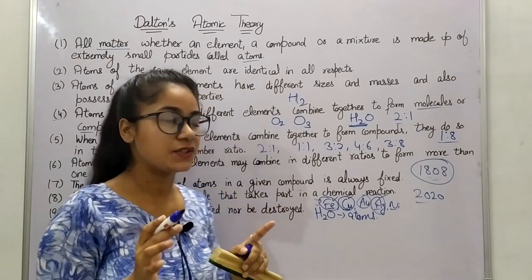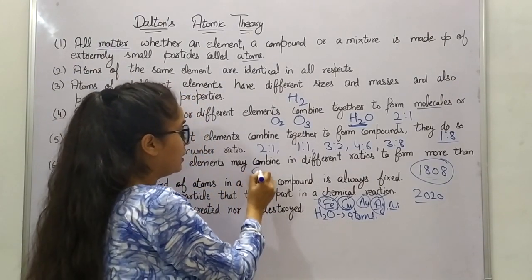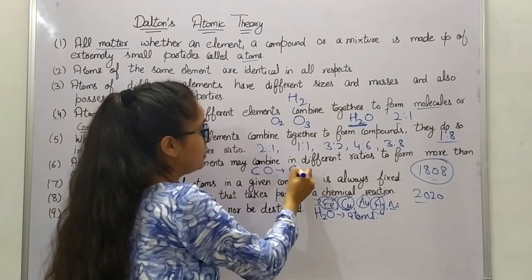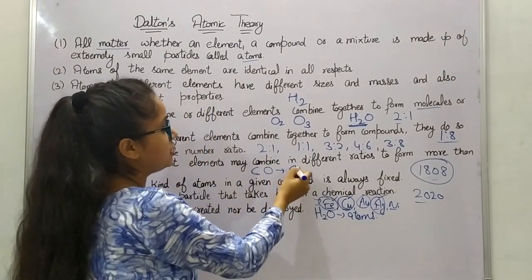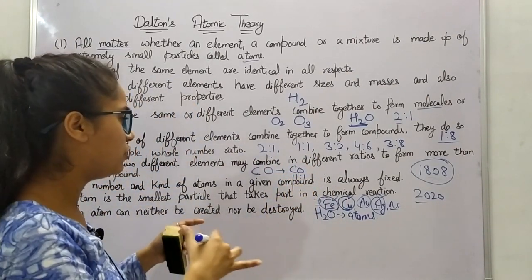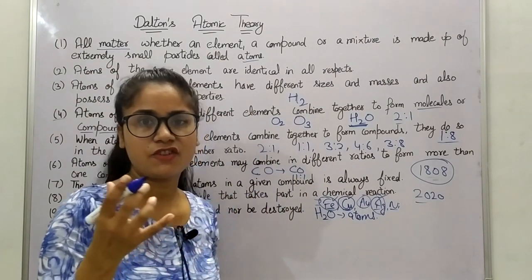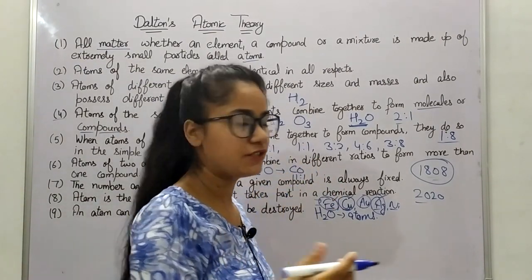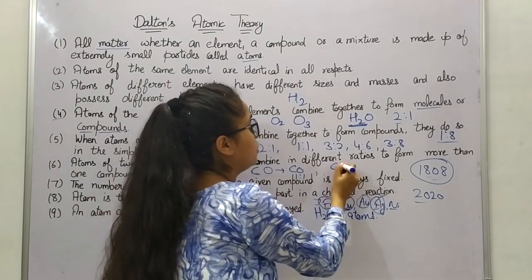By different ratios, they mean, let us take an example of carbon and oxygen as carbon monoxide, in which they have combined in the ratio 1:1. But if you increase the quantity of oxygen, or you make some better conditions for it, you would get CO2.